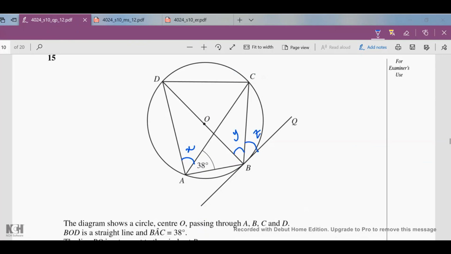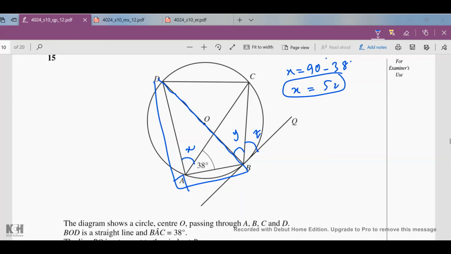Okay, we are solving for x. I hope that you know when the diameter is given, the third angle is always 90 degrees. So when this is 90, to find x is equal to 90 minus 38 degrees, and x is coming 52. That is the A part.